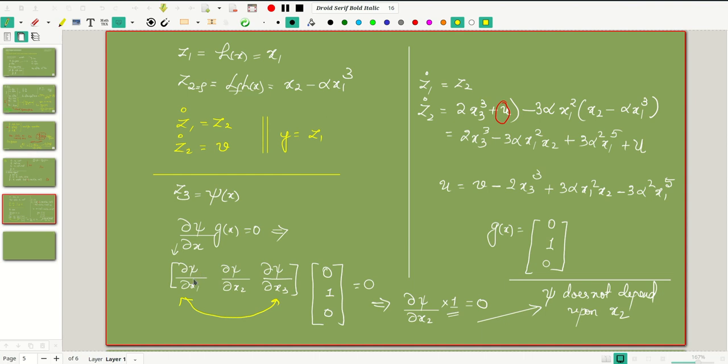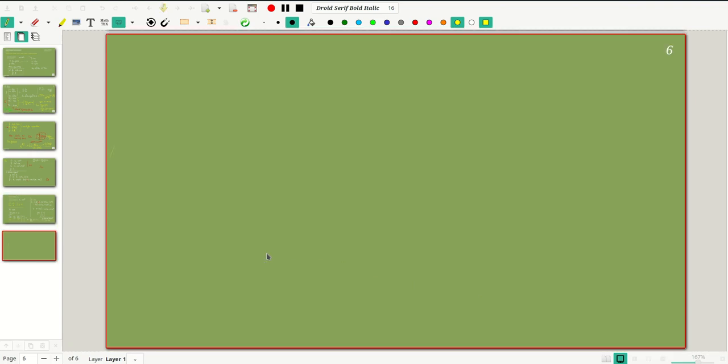So it can have x1 terms, it may not have x1 terms, it can have x3 terms. So it is an arbitrary function which depends upon x1 and x3. So let us choose, I will choose psi as.